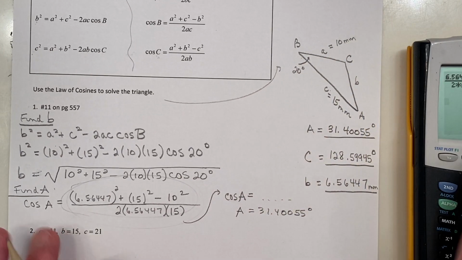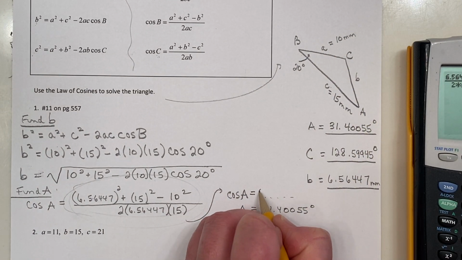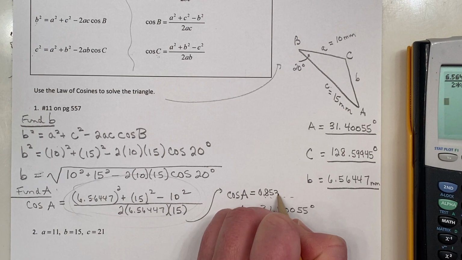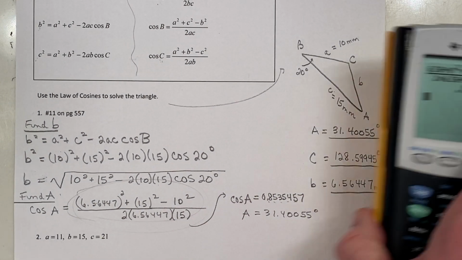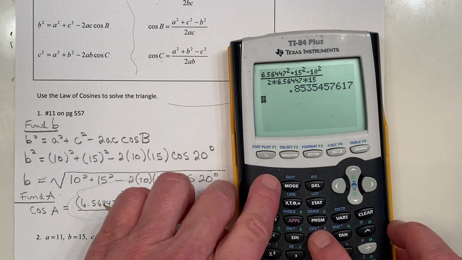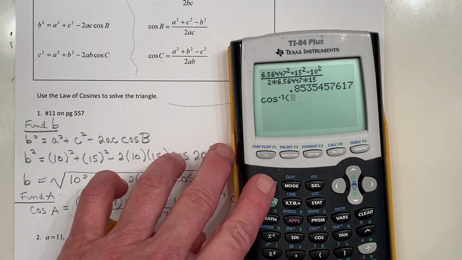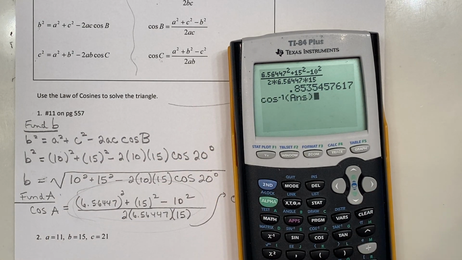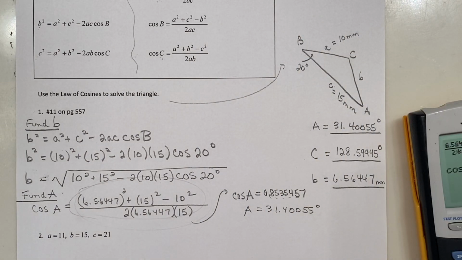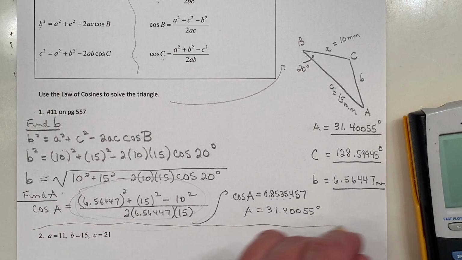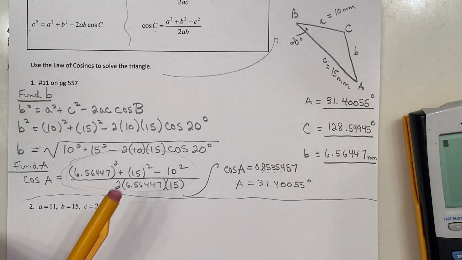So 8535457, and then I'm going to do a second cosine of my previous answer, second answer. So that's where I got the 31.40055 degrees. No checking for a second triangle.